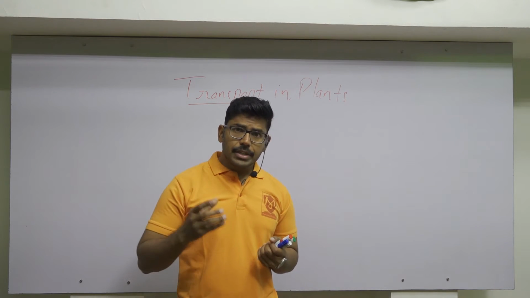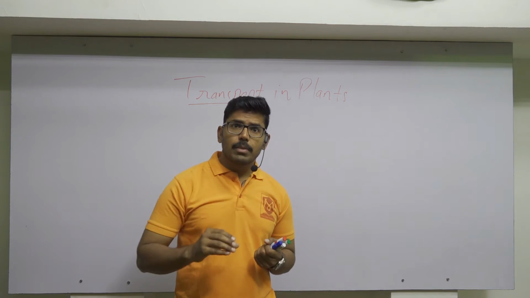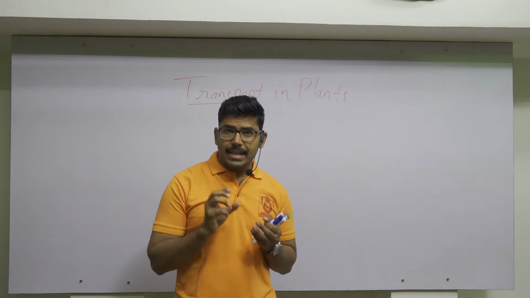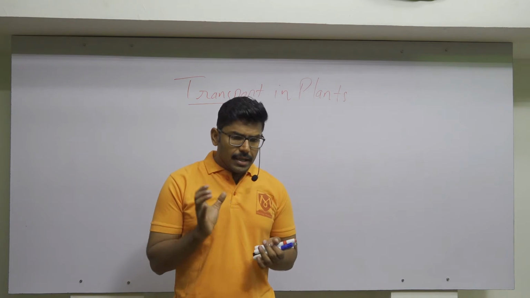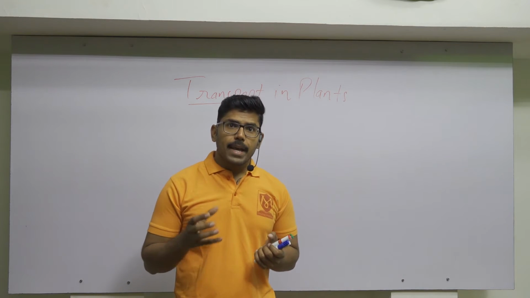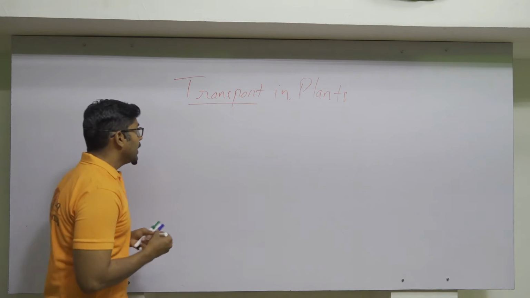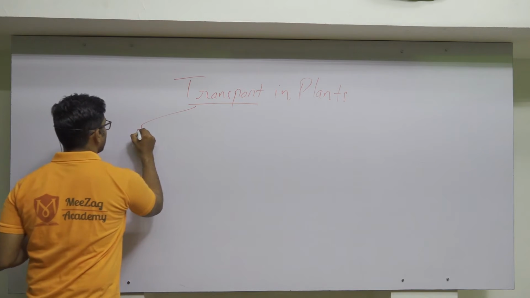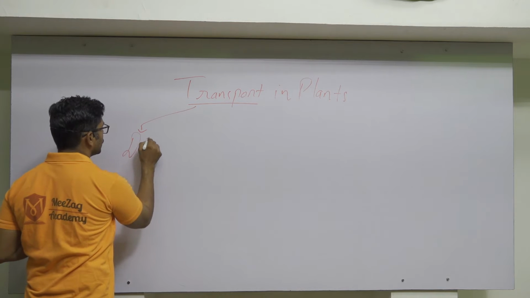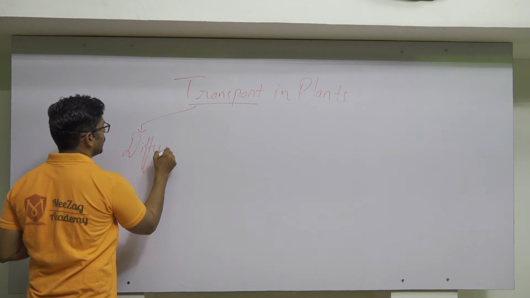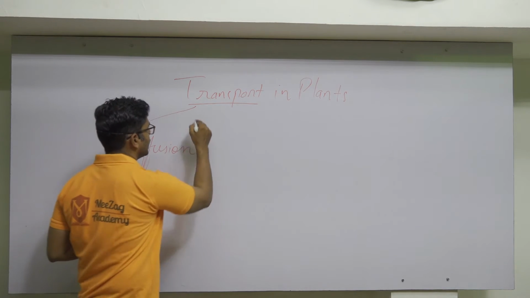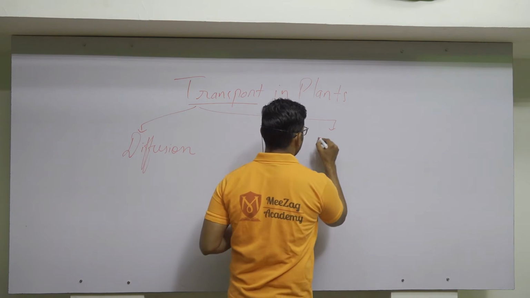If a plant transports its materials over a lesser distance, then it does the transport by diffusion and active transport. So there are two methods: diffusion and active transport.